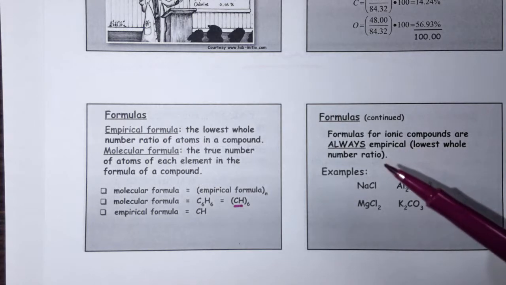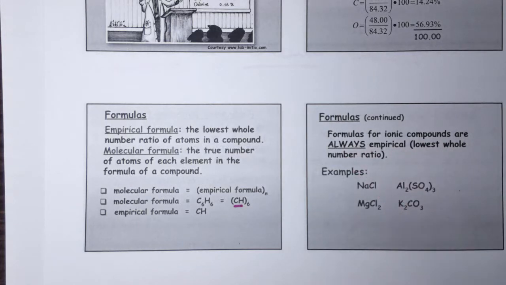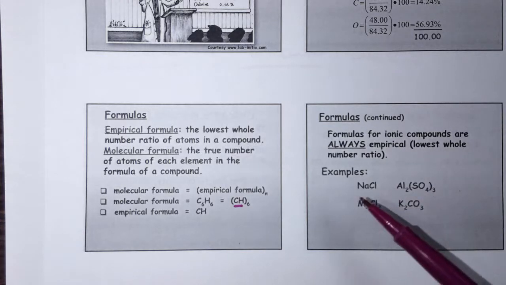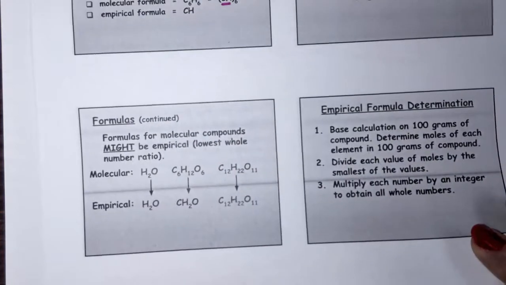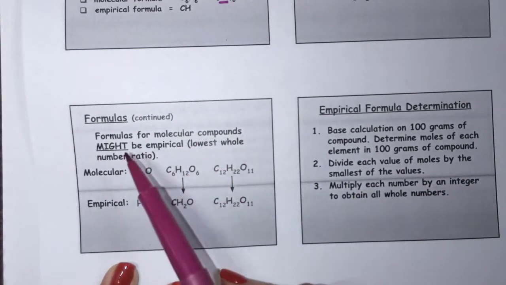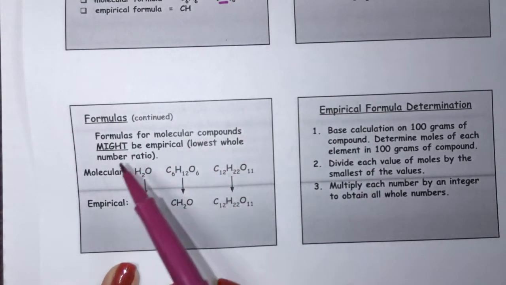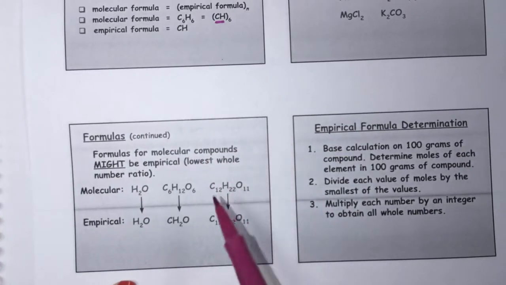Notice over here, formulas for ionic compounds are always empirical because remember we use the swap and drop method for ionic compounds. So it automatically gives the simplest subscript values. So we can't simplify it any further. But when we are looking at molecular or covalent compounds, they might be empirical, in their lowest form, or they can be simplified even further.